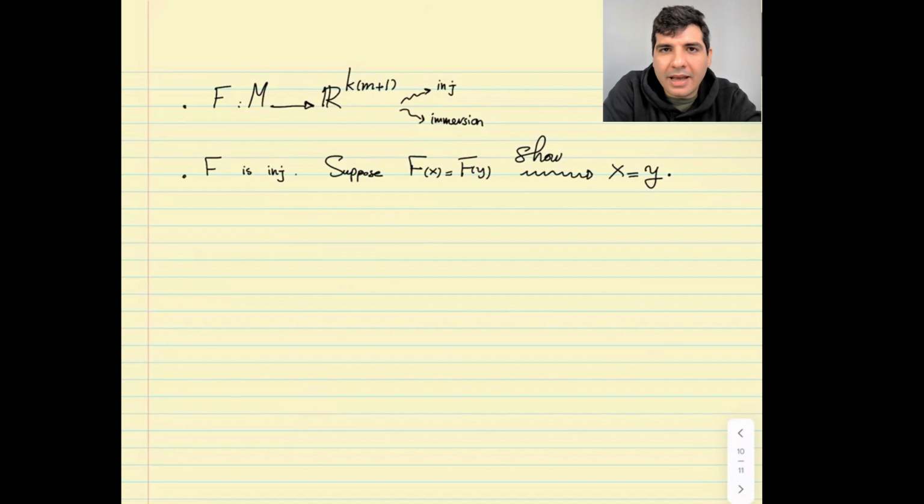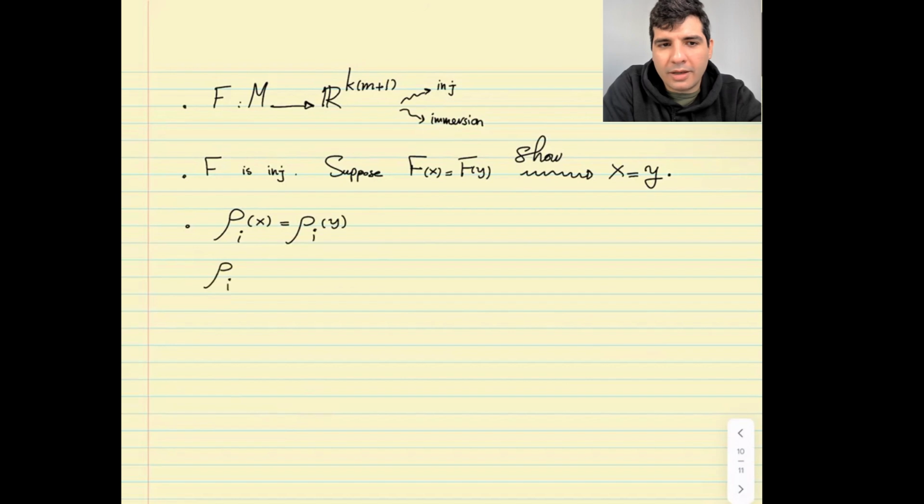The fact that f of x is equal to f of y means all components should be equal, right? So rho_i of x should be equal to rho_i of y for all i. And rho_i of x times phi_i of x should be equal to rho_i of y times phi_i of y, again, for all i between 1 and k.